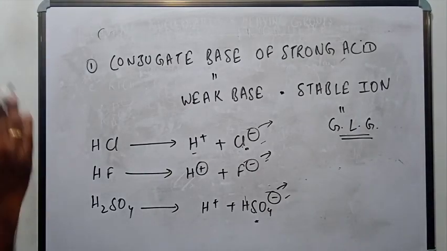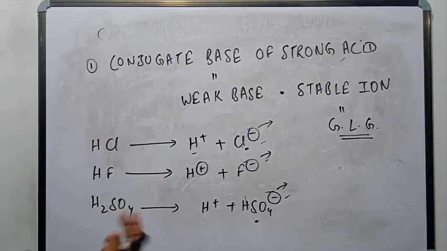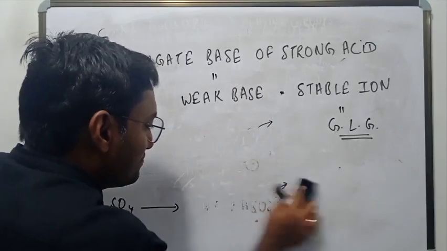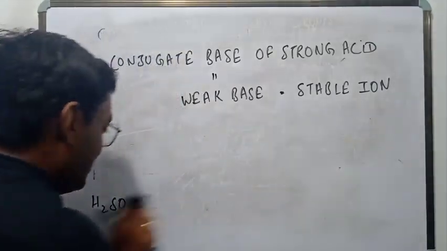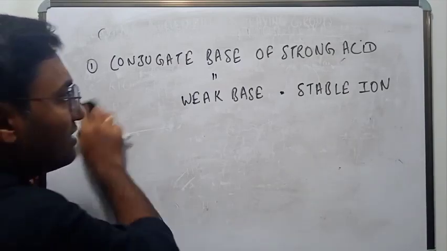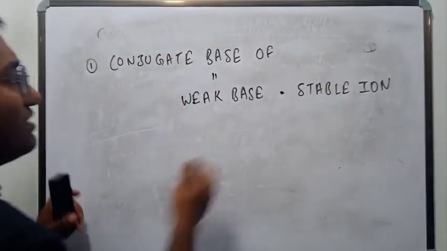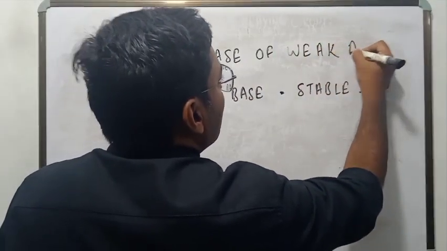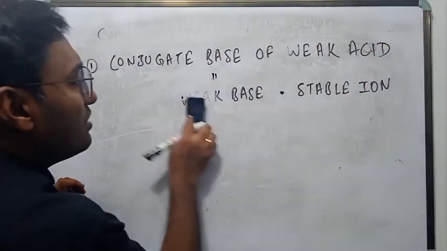Let us understand the opposite scenario now. What is the opposite scenario of this? Yes, you guessed it right. Conjugate base of weak acid. Conjugate base of weak acid will be what?